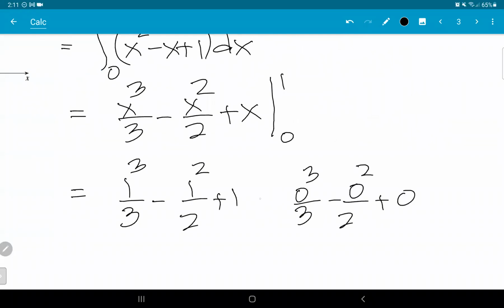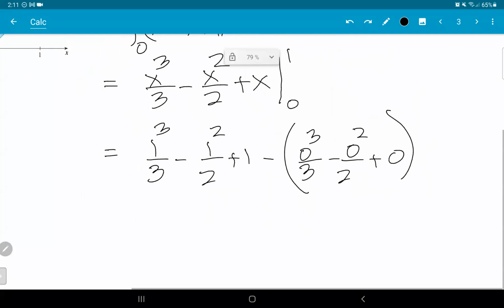Then subtract. Of course, this is just 0, so you may want to omit writing that and just give this one, and then simplify. So that's 1/3 minus 1/2 plus 1.